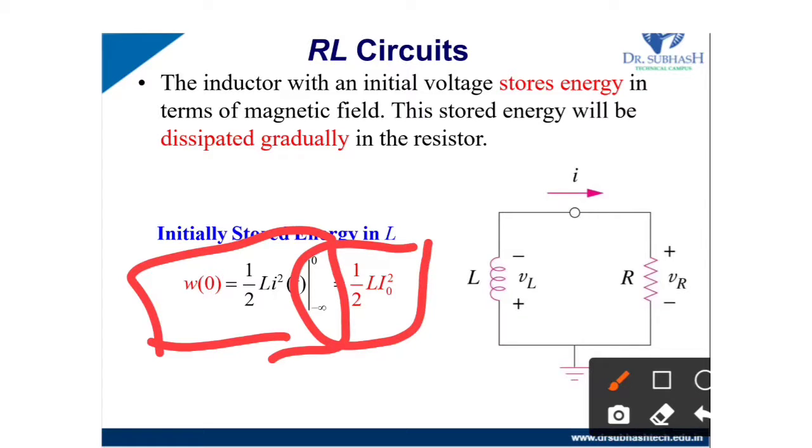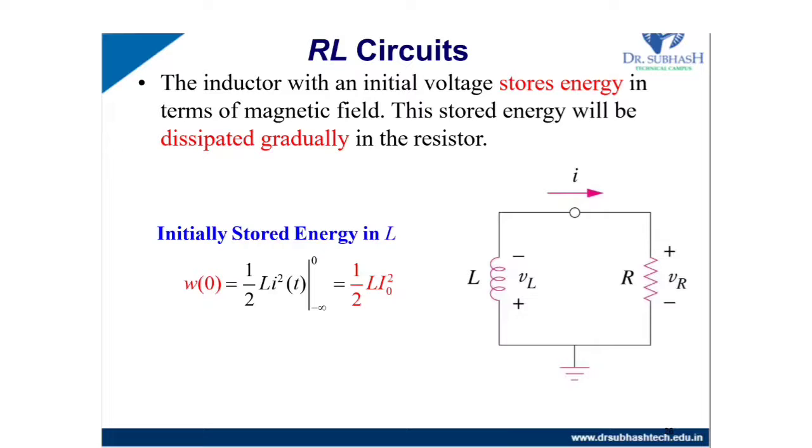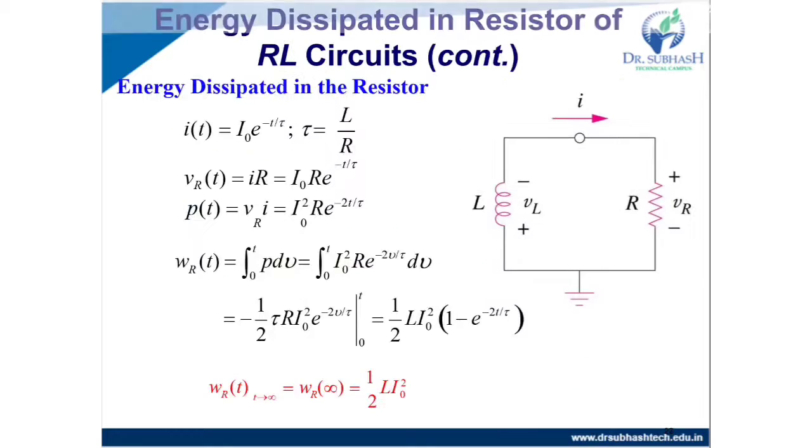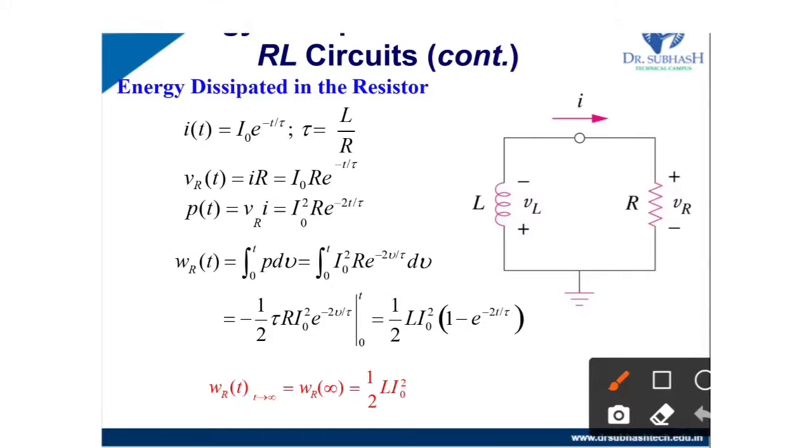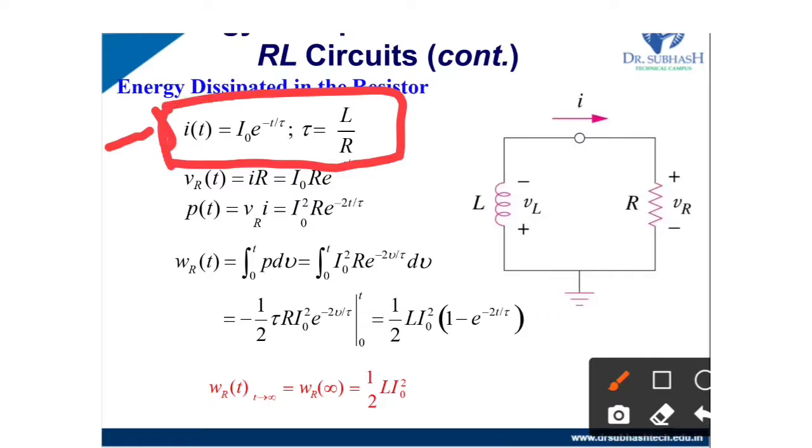So this is the equation, 1 upon 2 L I0 square, that will be the energy stored and dissipated gradually in the resistor. Here we have I of t equal to I0 e raised to minus t upon time constant, and time constant equal to L by R.